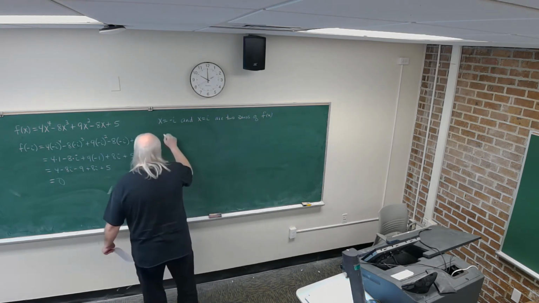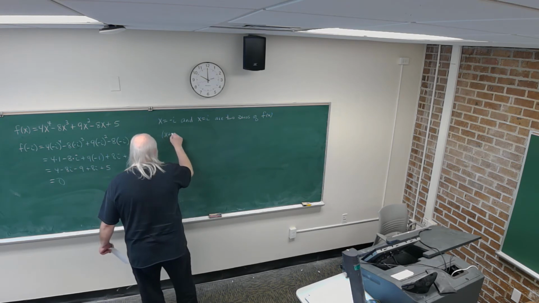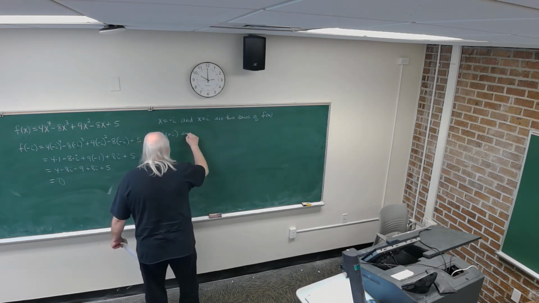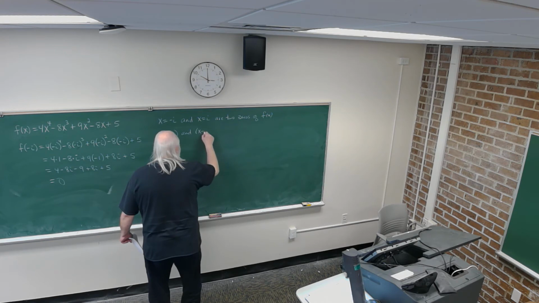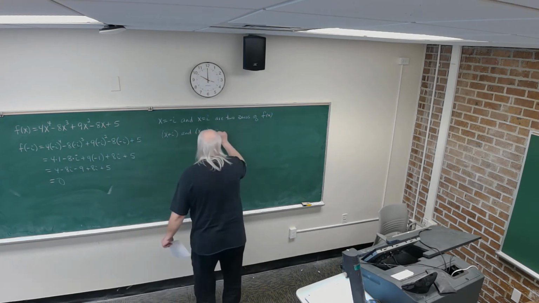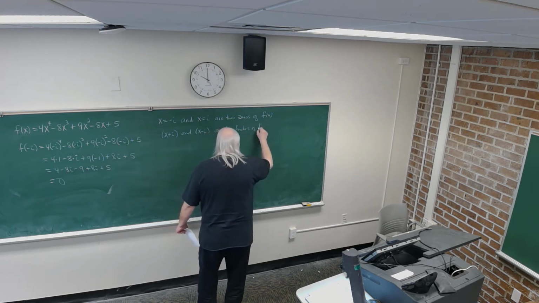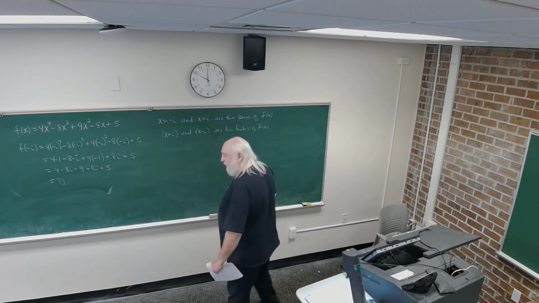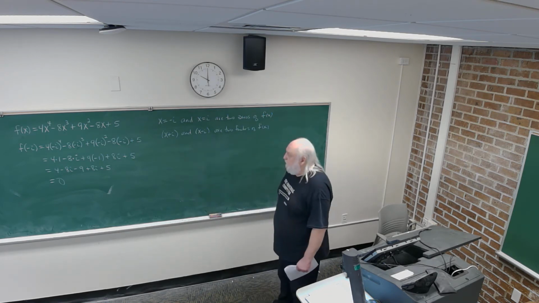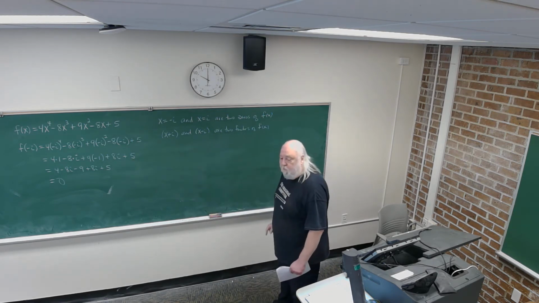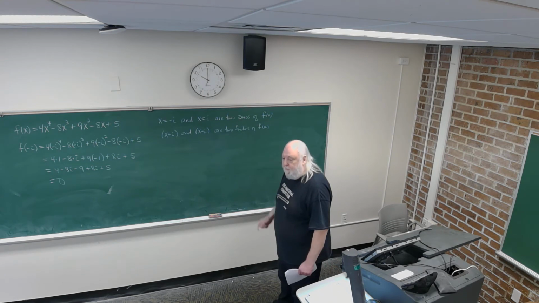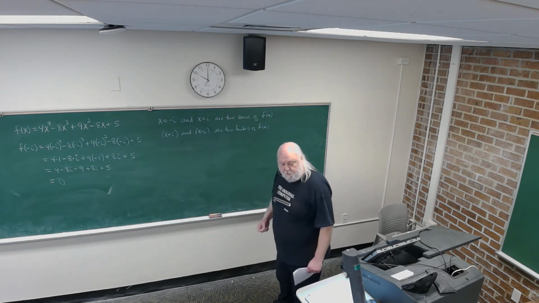So that means x plus i and x minus i are two factors of f of x by the factor theorem. Okay. So we have a fourth degree polynomial. How many factors is that fourth degree polynomial going to have?